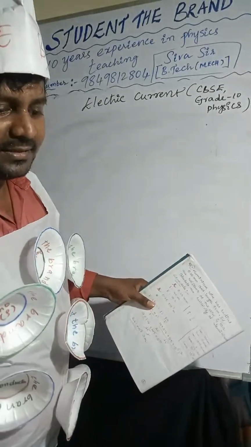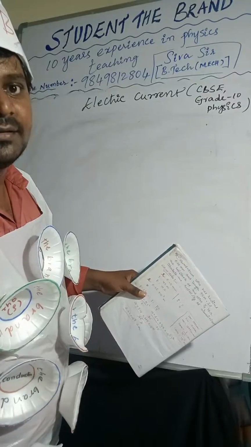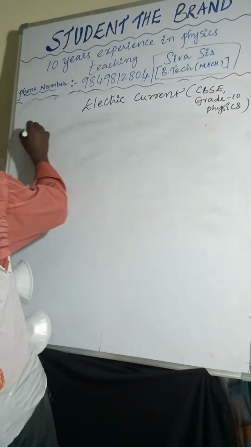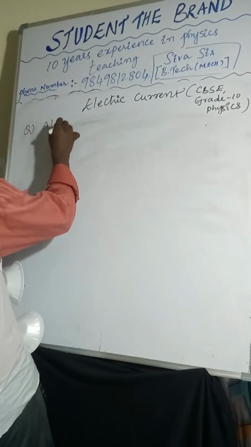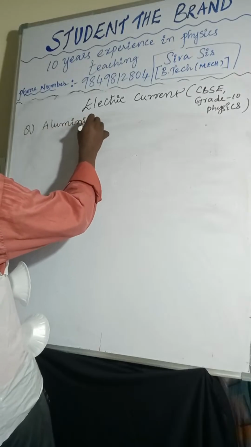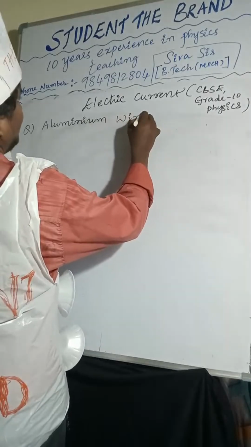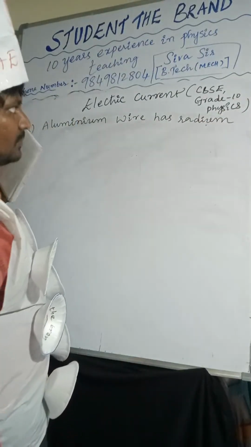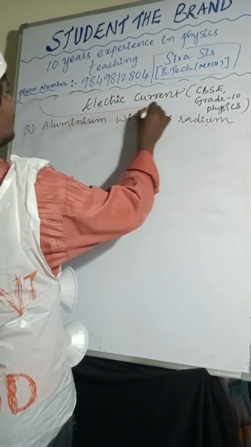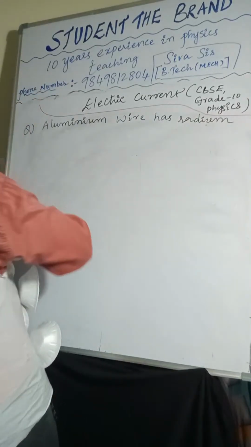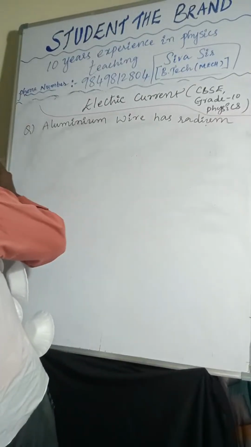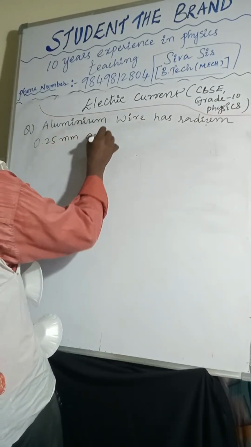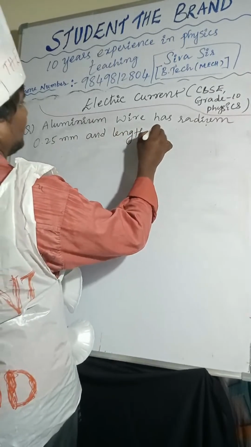An aluminum wire has radius 0.25 mm and length 75 meter.